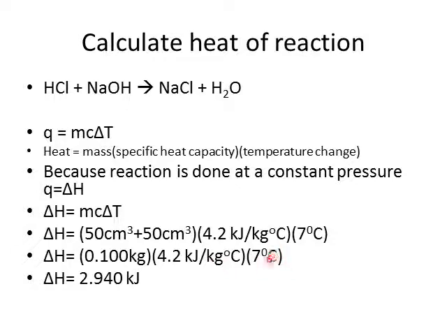I have degrees C and I have per degree C. They cancel out. So the only unit of measure left is kilojoules. So I now multiply my 0.1 times 4.2 times 7, and when I do, I get 2.940, and my unit of measure is kilojoules.